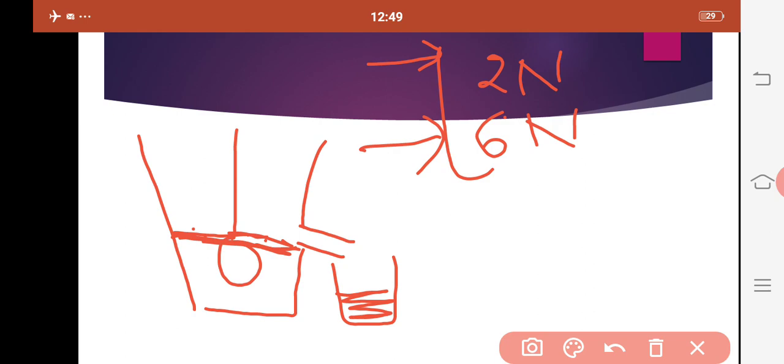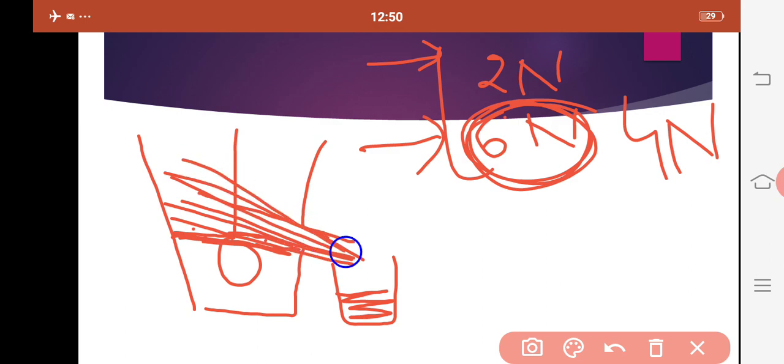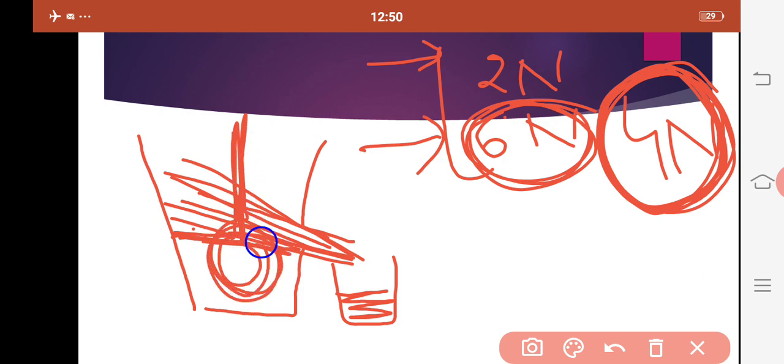Means this 4 Newton increment in the weight of the bucket is because of the water. Means the water that you have taken in the bucket, the weight of that water separately is 4 Newton. That is why you got the weight of the bucket and water as 6 Newton. Means the amount of water that came out of this overflow tank is equal to 4 Newton. Is that clear? That is equal to 4 Newton. And this, the weight of the object when it was dipped in water, is also 4 Newton.